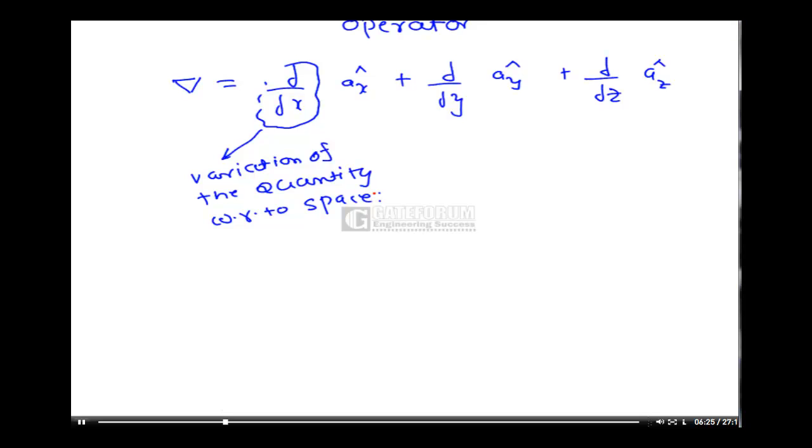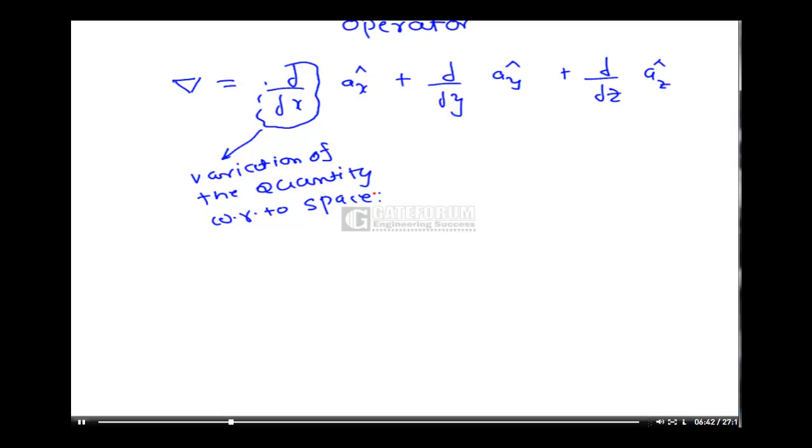That is, variation of that particular quantity in space in x direction, in y direction, and in z direction. So this is the physical significance of the del operator.